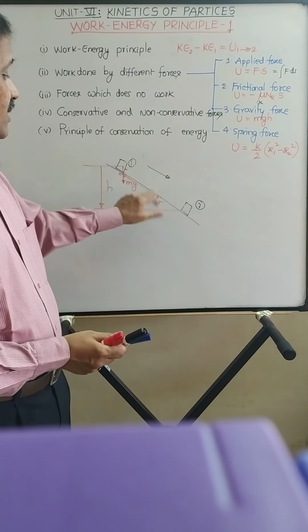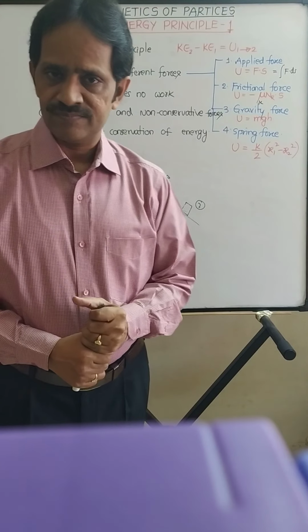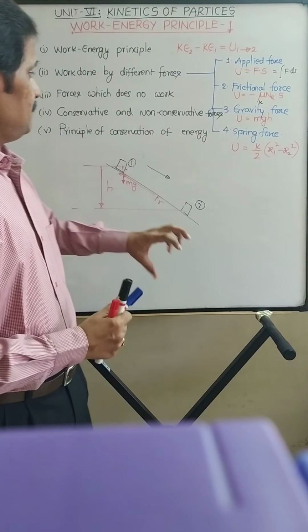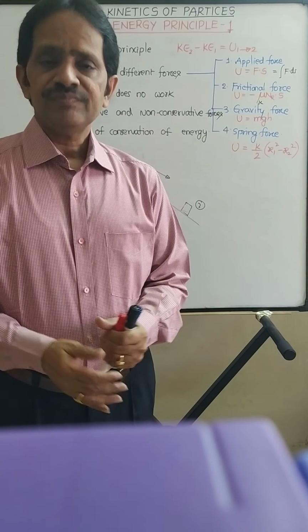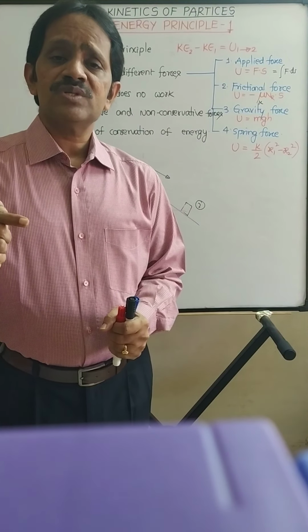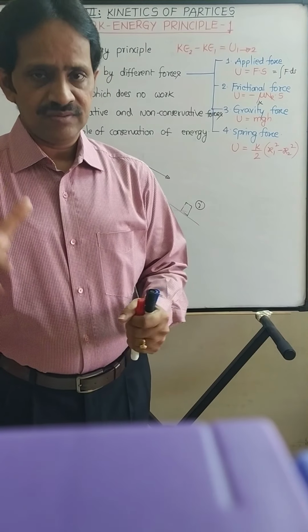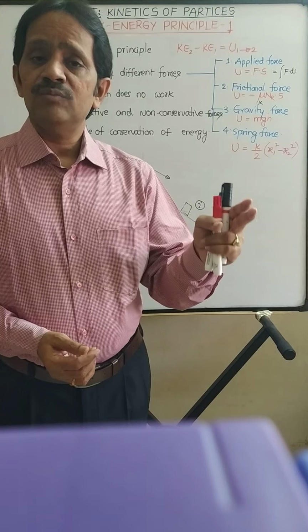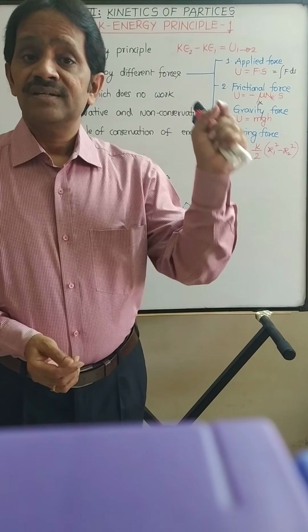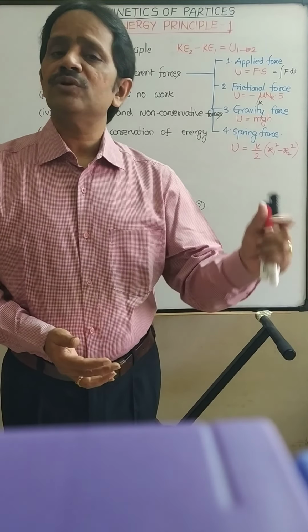So it is a non-conservative force. Is it clear? Simply, a conservative force is the force where the work done by that force is independent of the path followed by the body, and a non-conservative force is the force in which the work done by that force is dependent on the path followed by the body.